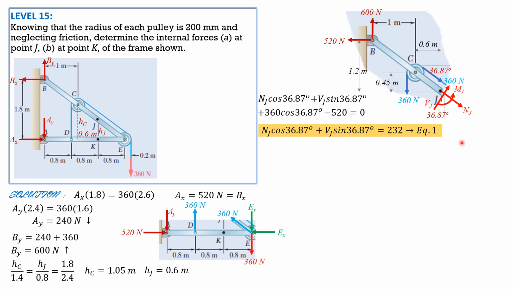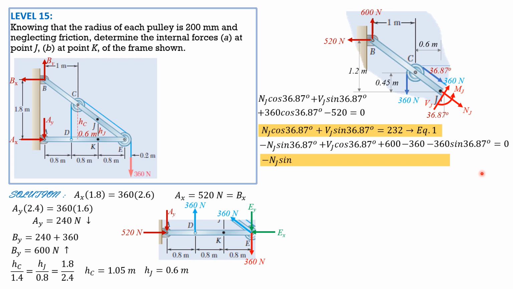Then summation of forces vertical: NJ is negative, so negative NJ sine of 36.87 plus VJ cosine of 36.87, then plus 600, then minus 360 sine of 36.87 equals 0.